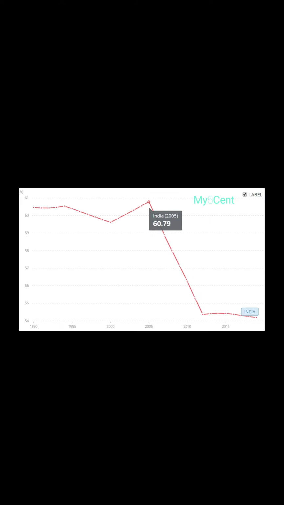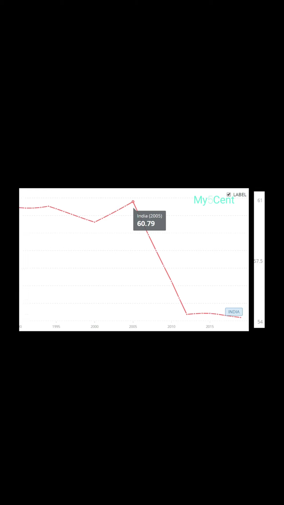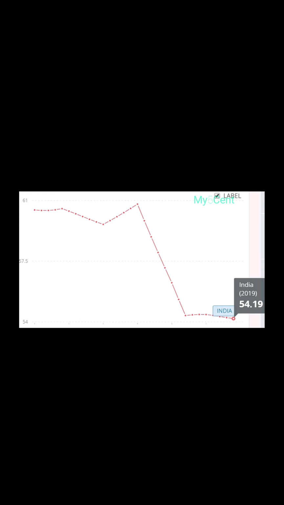But according to World Bank data, the labor participation rate has dropped significantly from 60% in the year 2005 to 54% in 2019. And since then, it has been declining at a steady pace.